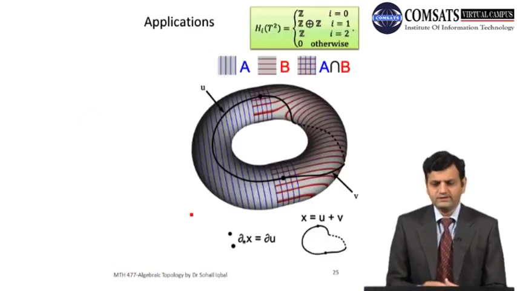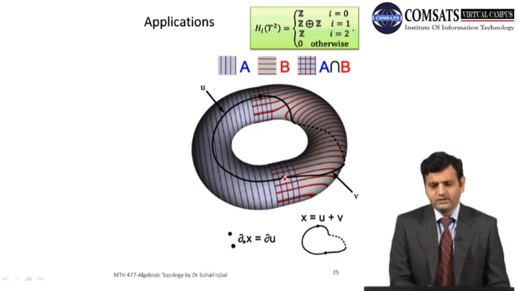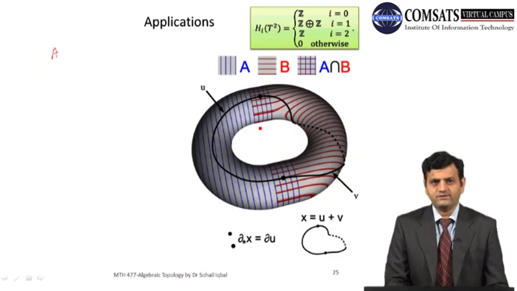So let's see how to calculate the homology of a torus using the MV sequence. Okay, so we define the following two subsets of the torus, A and B, and this shaded area is their intersection. Now this A is basically homeomorphic to a cylinder. We have also seen that a cylinder has a circle as deformation retract.